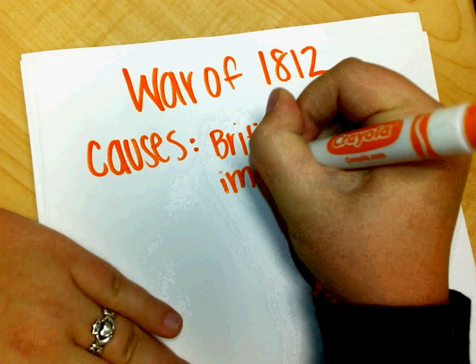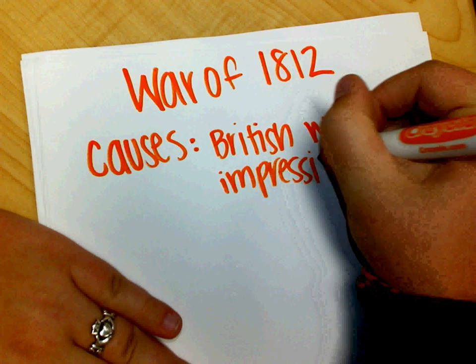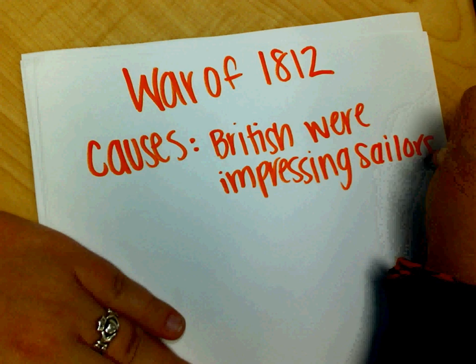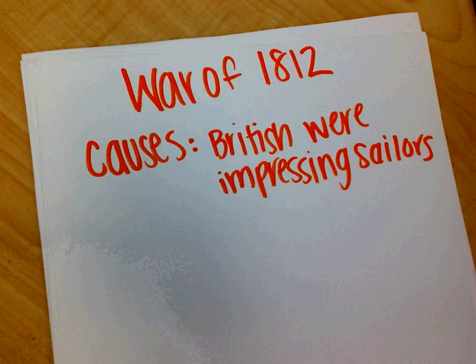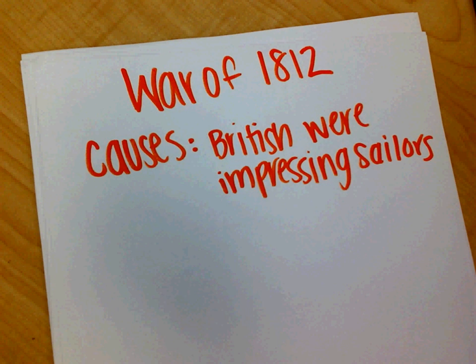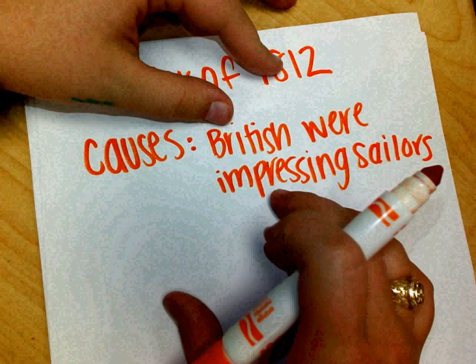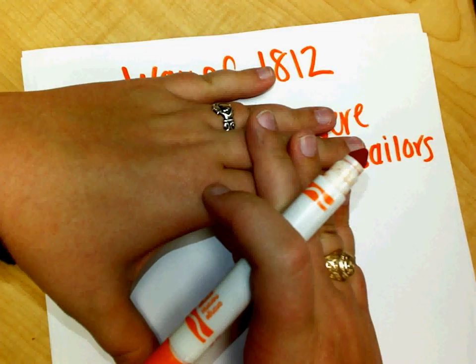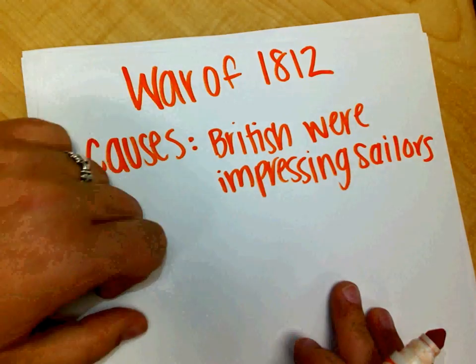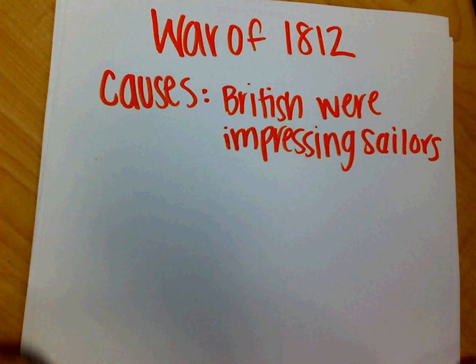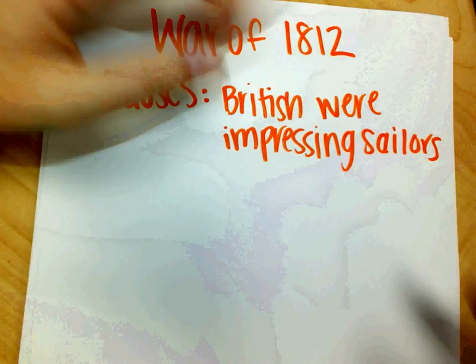And when I say impressing, I do not mean they were doing a cute little tap dance for him and then giving him a little wink and saying, "Oh, aren't I an impressive person?" And the sailor says, "Oh, yes, you're so impressive." To impress is to capture. They're going to capture our men and force them into the British military.